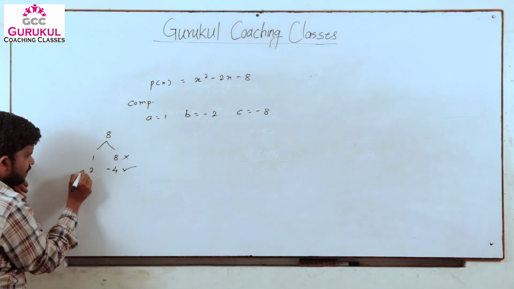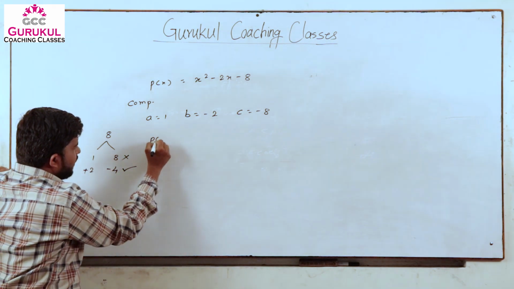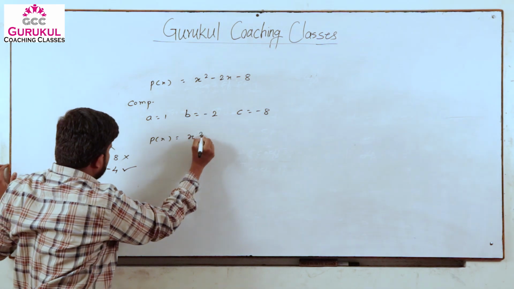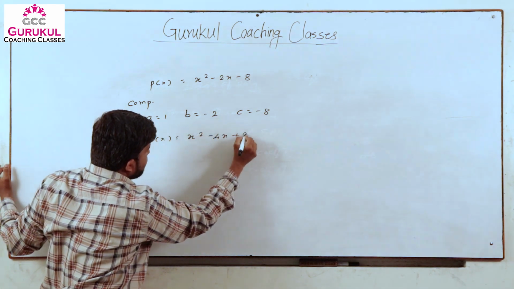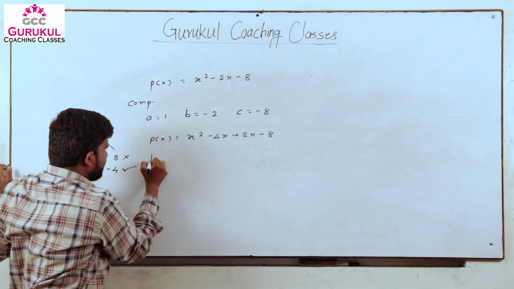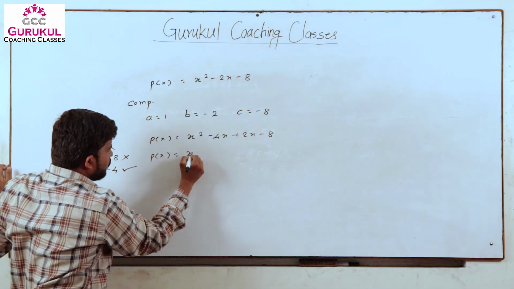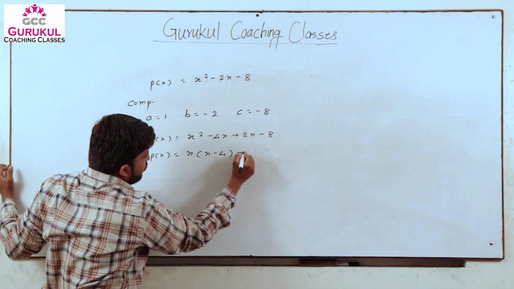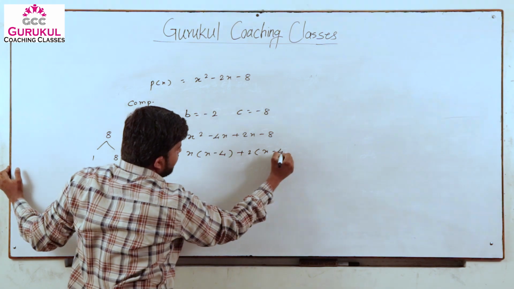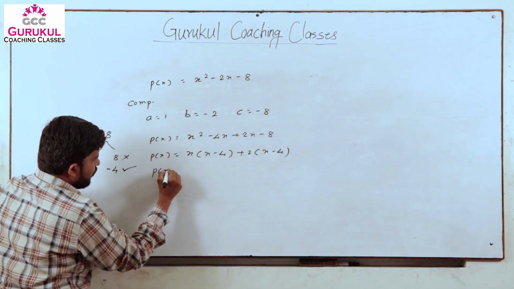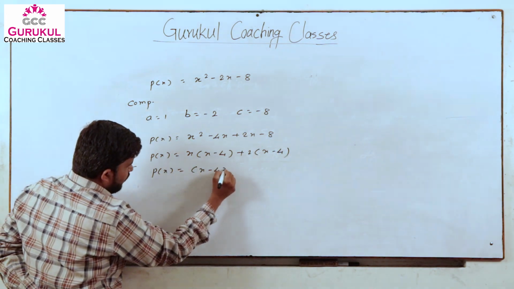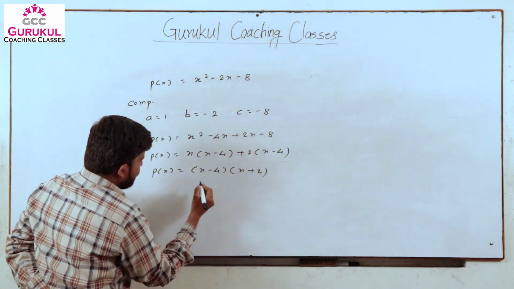So minus, plus. P of x is equal to x square minus 4x plus 2x minus 8. P of x is equal to x into x minus 4 plus 2 common, x minus 4. P of x is equal to x minus 4 bracket x plus 2.